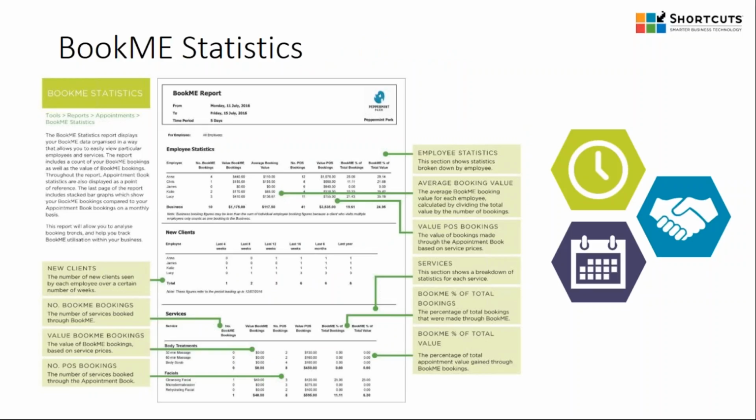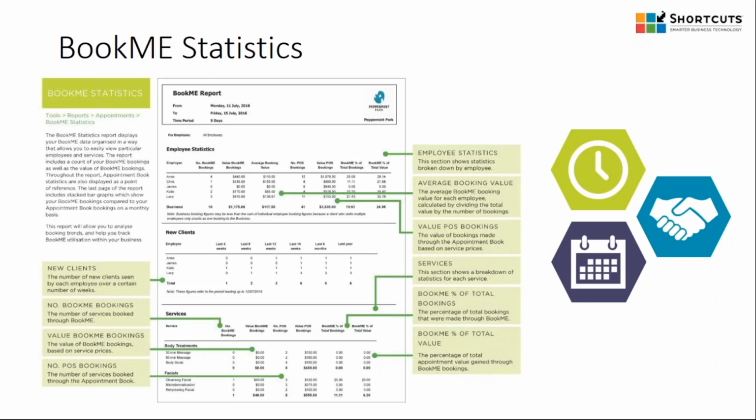You also have your BookMe statistics. The BookMe statistic report displays your BookMe data organized in a way that allows you to easily view particular employees and services. The report includes a count of your BookMe bookings as well as a value of BookMe bookings. Throughout the report, appointment book statistics are also displayed as a point of reference.